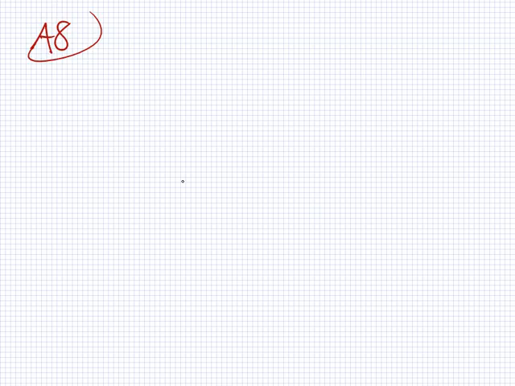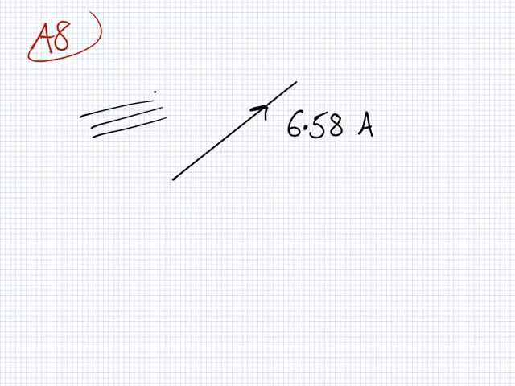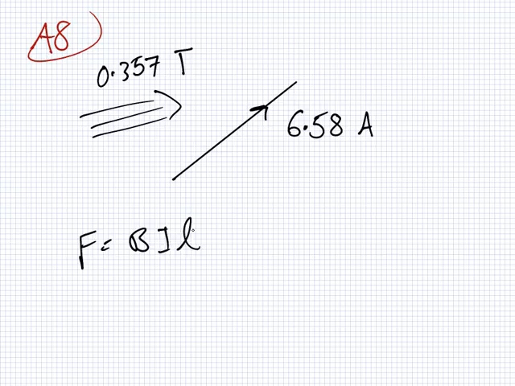A long straight wire carries 6.58 amps. It's pointed so the wire is at an angle of 70 degrees to a magnetic field. So the formula for the force is BIL cos theta.